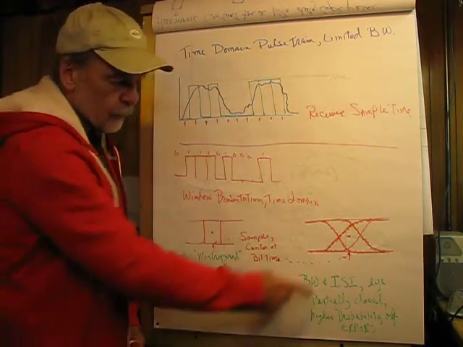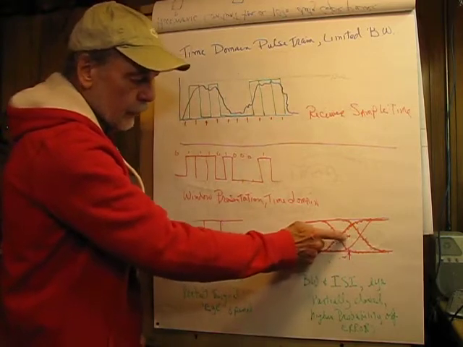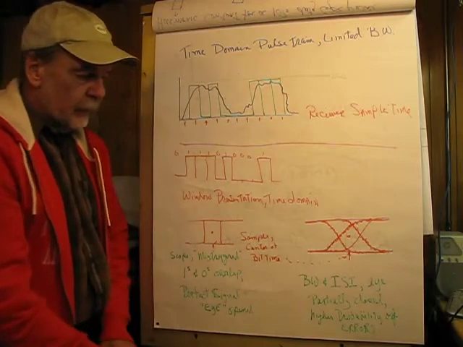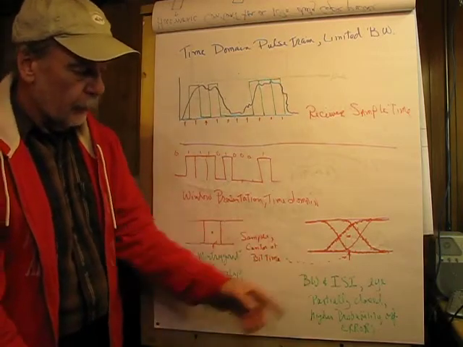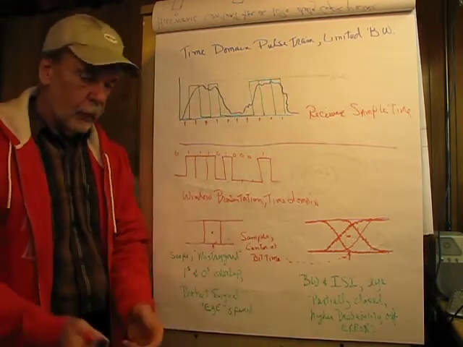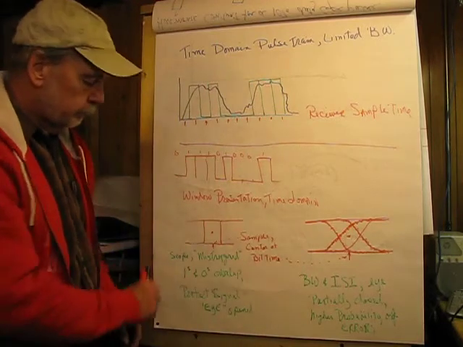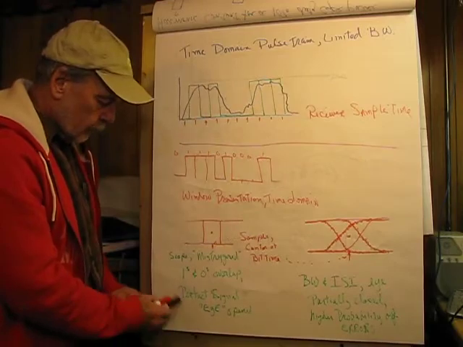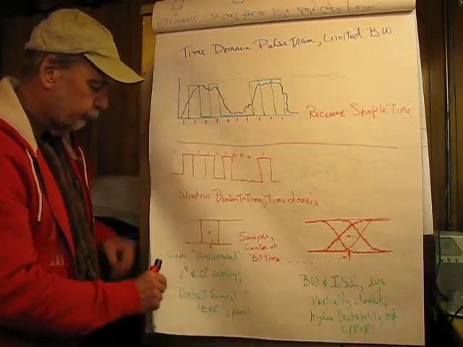And that means the receiver, when he takes a look at this, doesn't have quite the comfort zone that he would with a perfect eye. So this is more likely, due to inter-symbol interference plus noise, to produce an error. So that's easy to do on a scope, to see that.